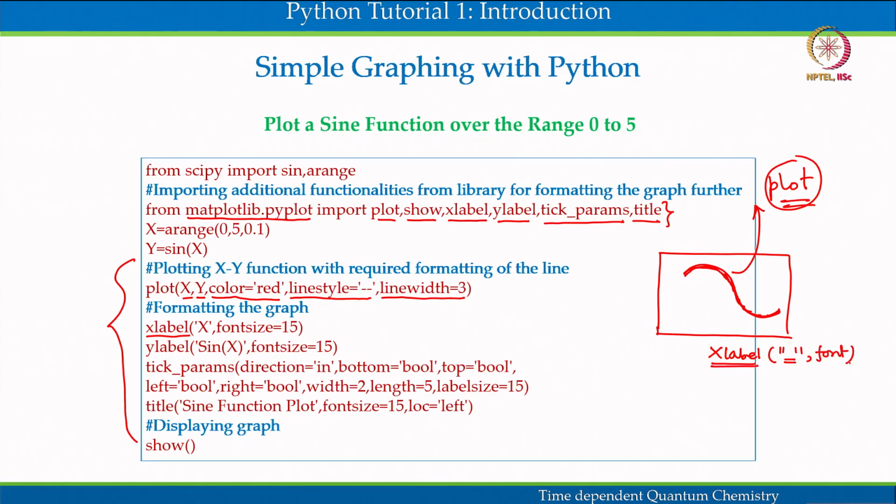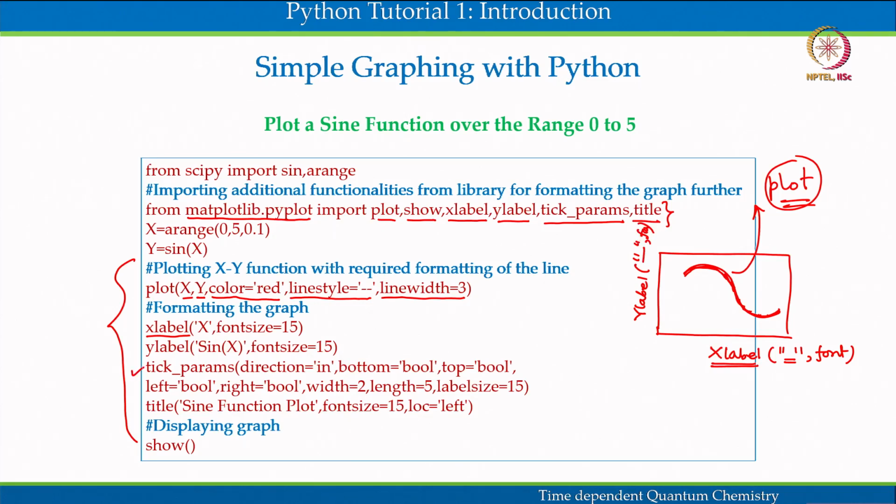That is the way x level will be defined. Y level will be defined like this way here, y level. Similarly, I have a text specifying the y level and font. These are the x level and y level.